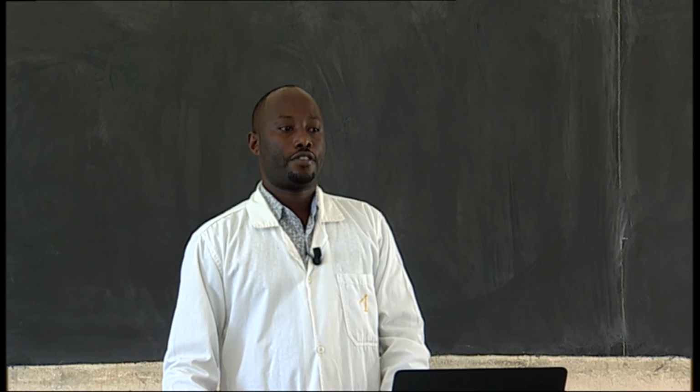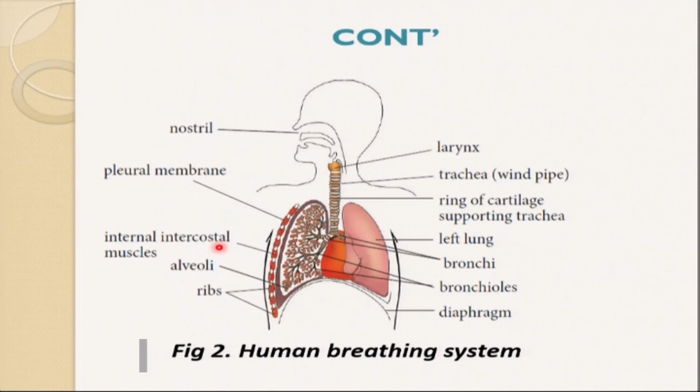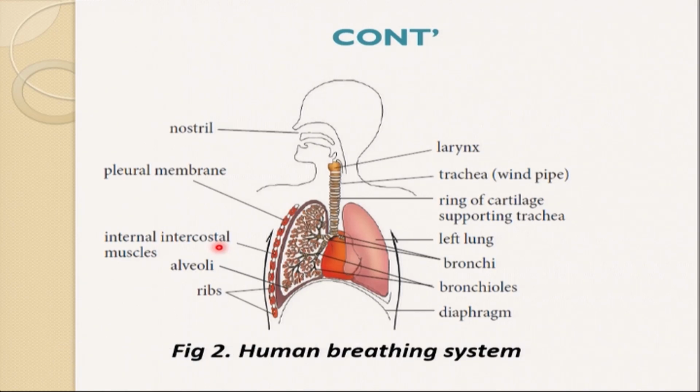We have the internal intercostal muscles, as well as the external intercostal muscles. All these parts that I'm mentioning are very vital as far as the breathing mechanism is concerned. They play a very big role in the breathing mechanism.